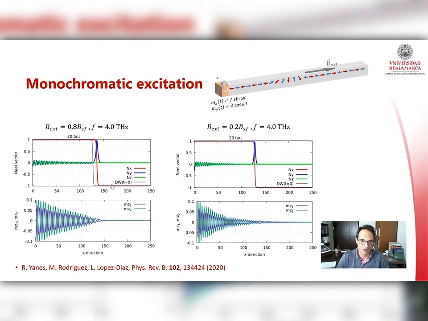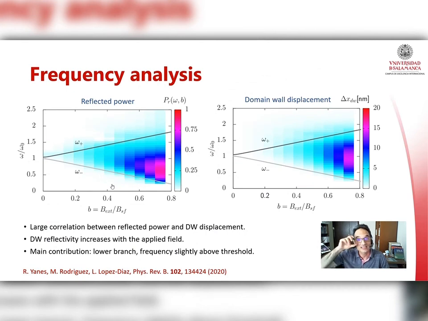And we think this is the origin of the effect that we have identified in the thermal gradient. And this is confirmed if we carry out a systematic frequency analysis as a function of not only the applied field, but exciting magnons, spin waves of different frequencies.